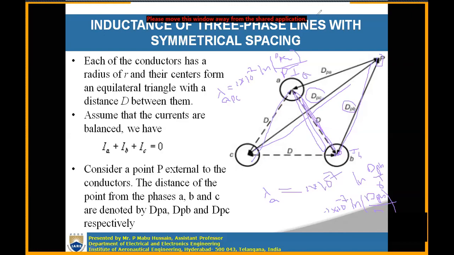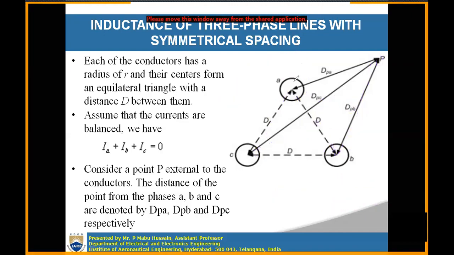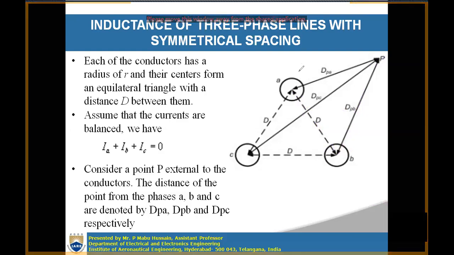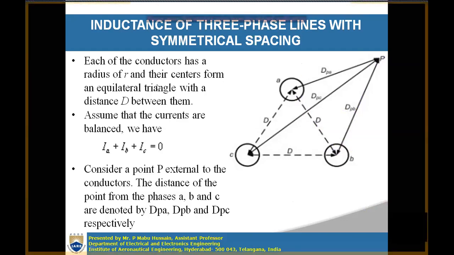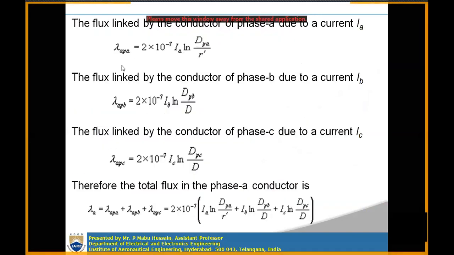Here I am writing individually the flux linkages expressions due to current flowing through IA, due to current flowing through IB, and due to current flowing through conductor C, which is IC. By considering them individually, we have written the flux linkages expressions for conductor A. These three expressions, lambda A PA, lambda A PB, lambda A PC, are all flux linkages with respect to conductor A alone.